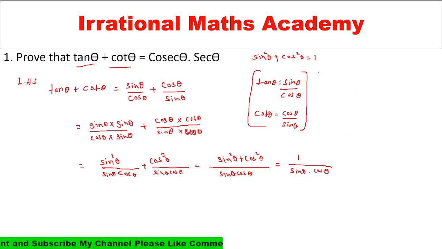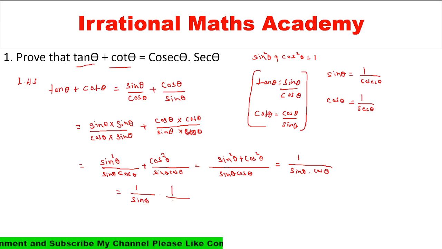And one more thing, we know that sin theta equal to 1 by cosecant theta and cos theta equal to 1 by secant theta. Here if you look, it is nothing but 1 by sin theta into 1 by cos theta.